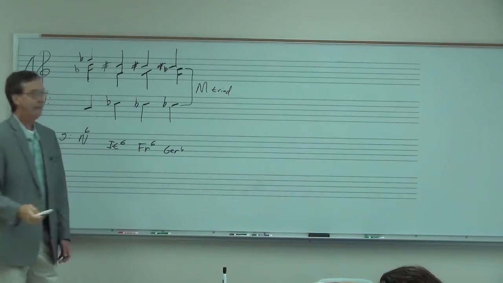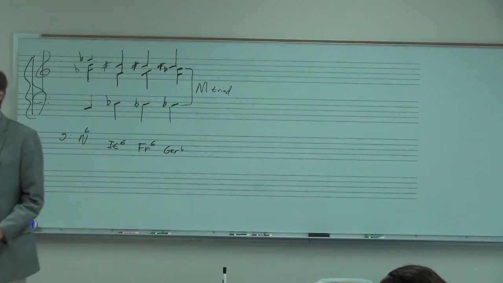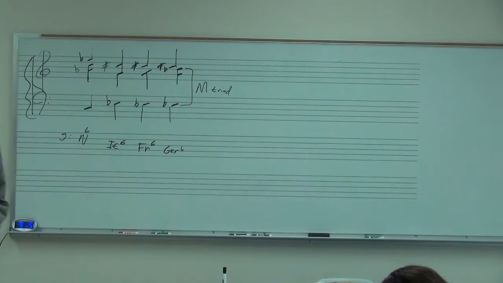Yes? E flat, G, B flat is a major triad. So all of the augmented sixth chords share the augmented sixth, the interval of the augmented sixth. That's really what it's all about. How do they differ?